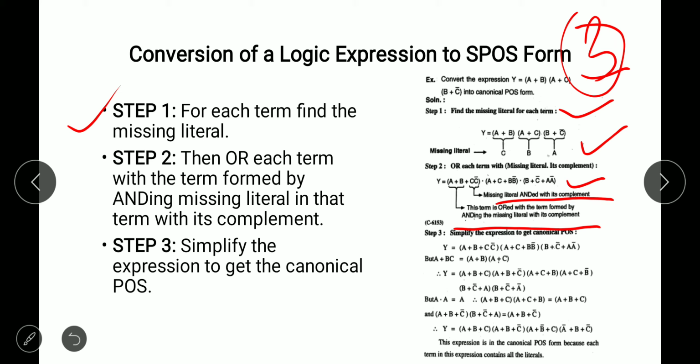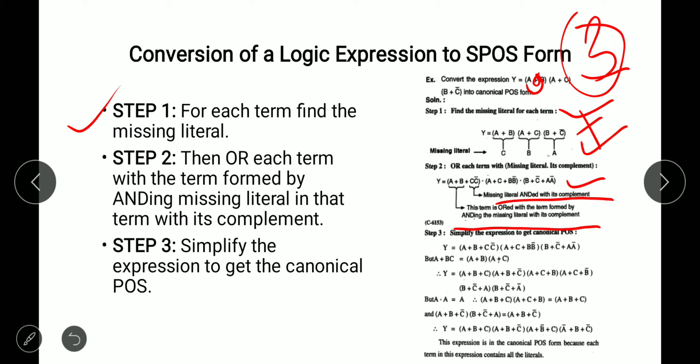Whichever sign is present between the terms, we use it there. If there is a plus sign between the variables, then we write the plus and the missing literal ANDed with its complement. In SOP form, it is a sum of products, so the term consists of a sum, and dot means AND. So we AND the missing literal with its complement.